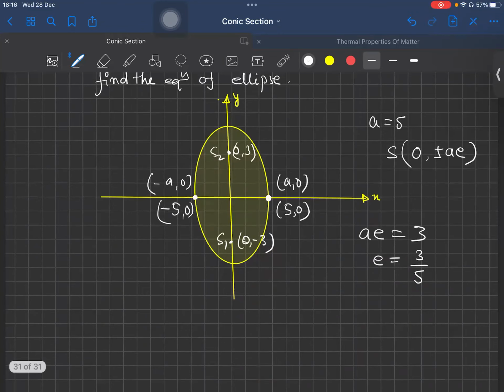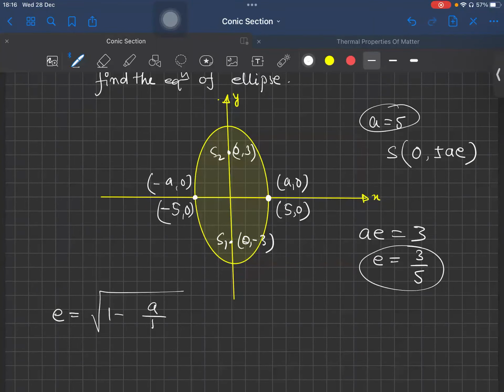You got eccentricity, you got the value of A. Can you find the value of B? So B, how will you find it? We know E is equal to square root of 1 minus A upon B whole square, because here A is smaller than B. Therefore, 1 minus E square, you can write A upon B whole square will be equal to 1 minus E square.